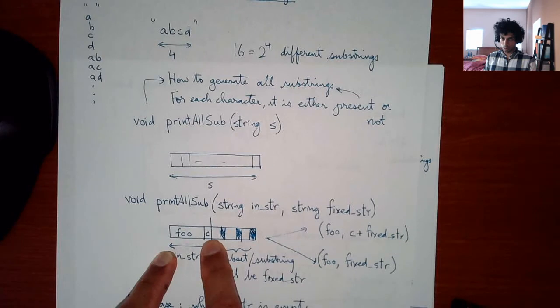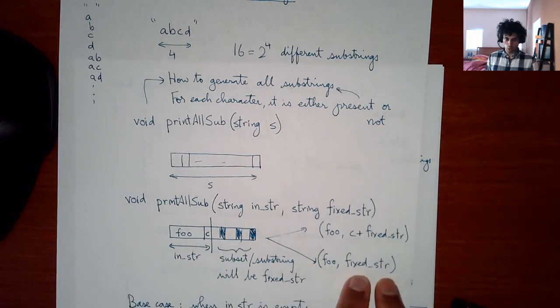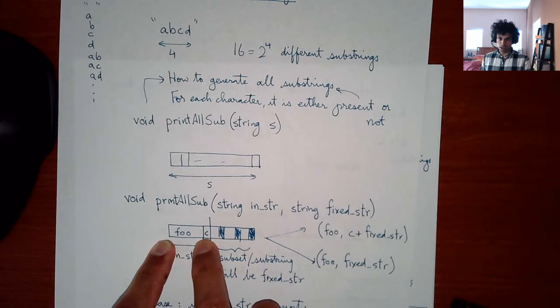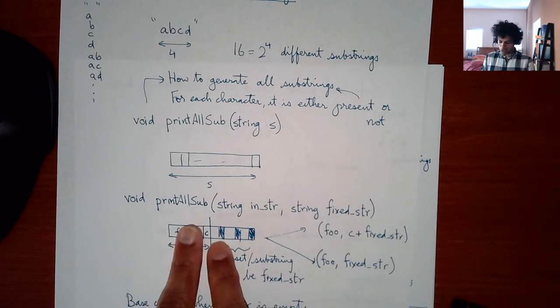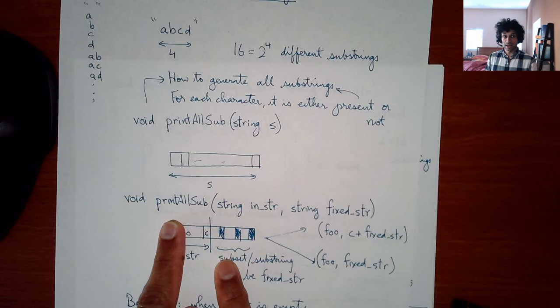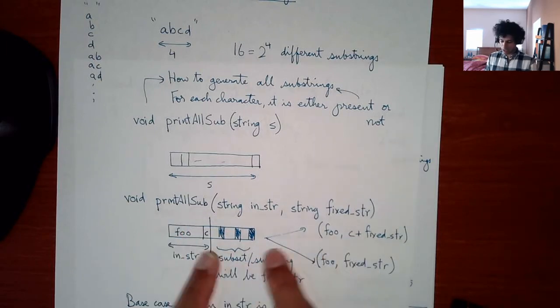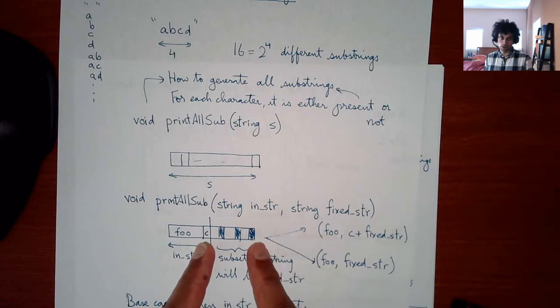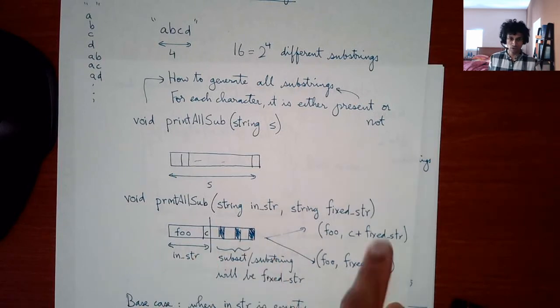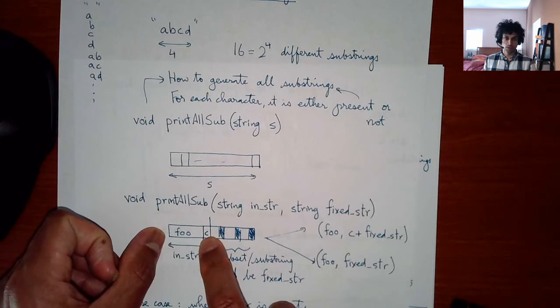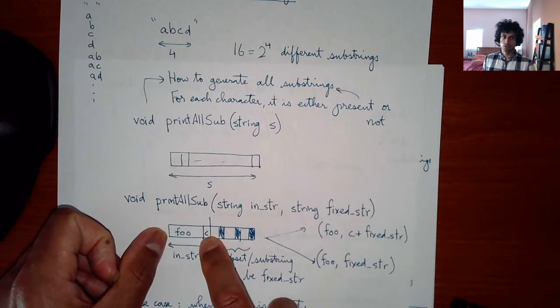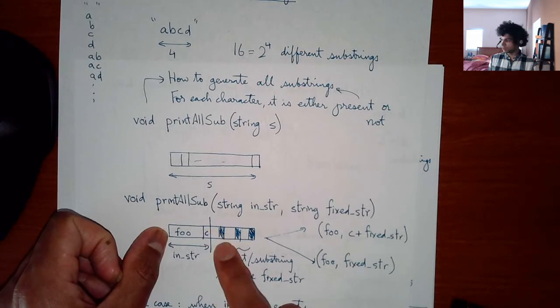We said we took the character C, we added it to the fixed string, or we don't, but the rest is the same, because this is the portion that has not been fixed yet. So the portion that has not been fixed stays the same in both calls. It is what has been fixed that is different in these calls.